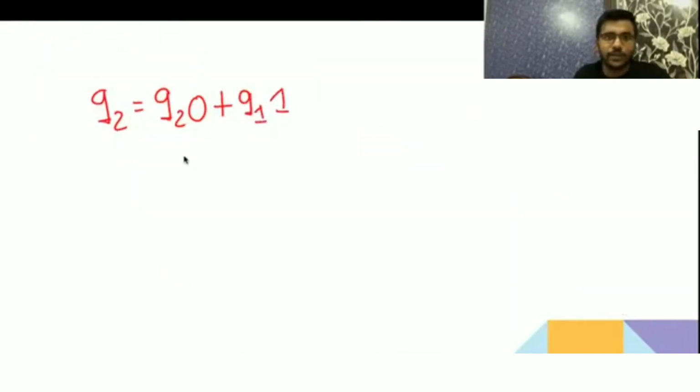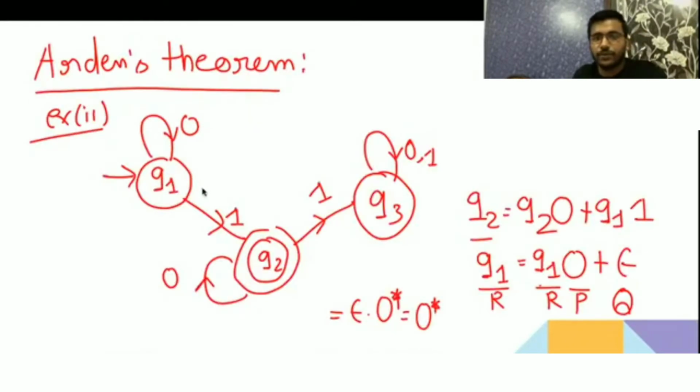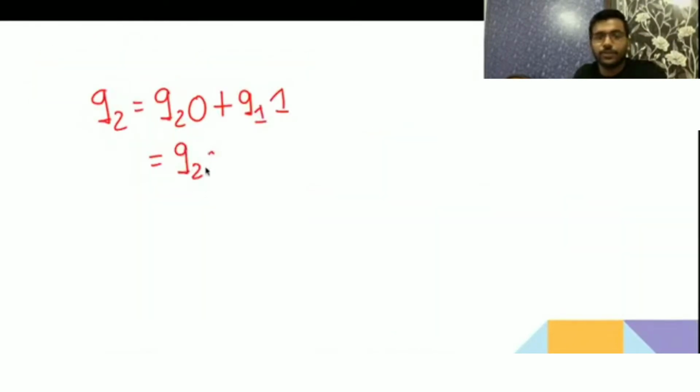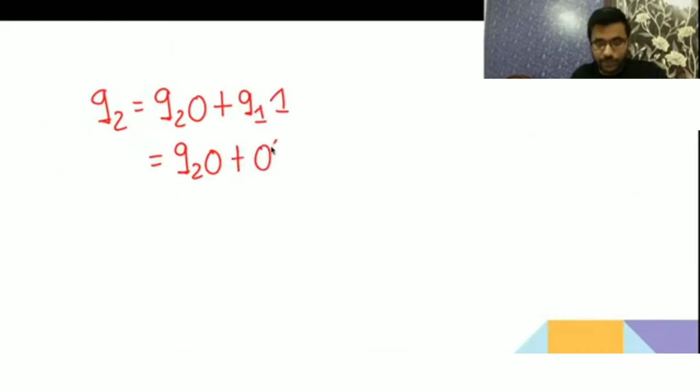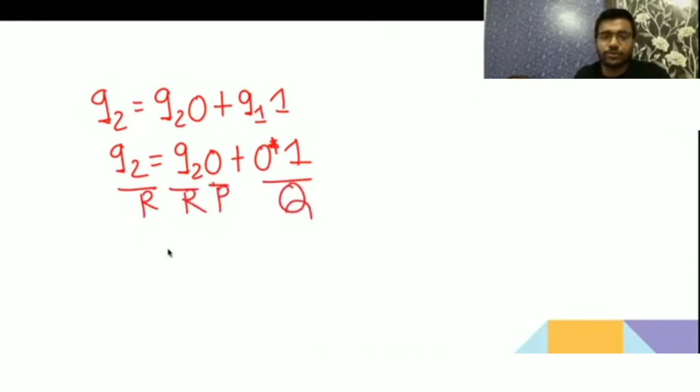In place of Q1 we got 0 star, so 0 star 1. Again it is R equal to Rp plus Q, so it is going to Qp star, giving 0 star 1 0 star. So this is the regular expression we got.